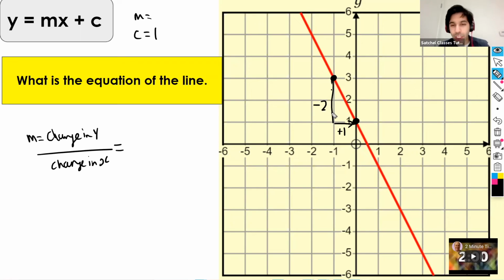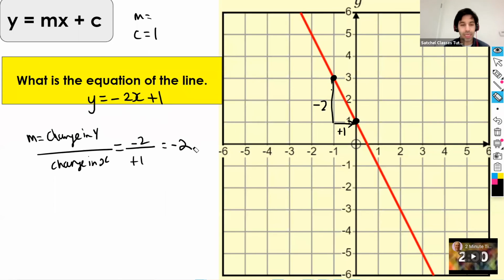The change in y is -2. The change in x is +1. A negative divided by a positive is a negative answer. So that's going to be -2. So the equation of my line is going to be y equals -2x plus c, or +1.